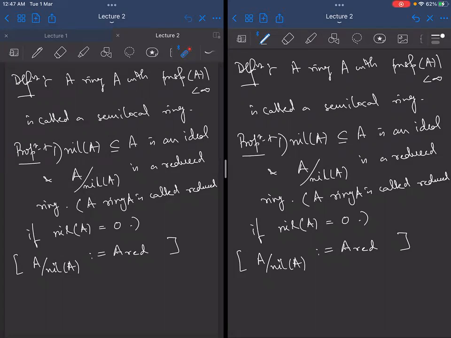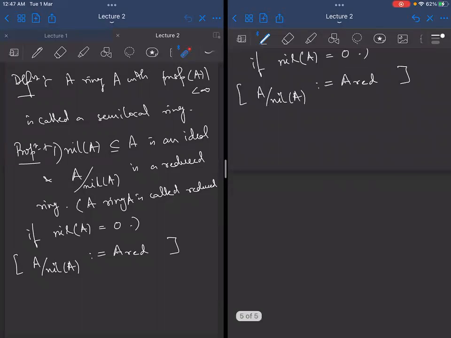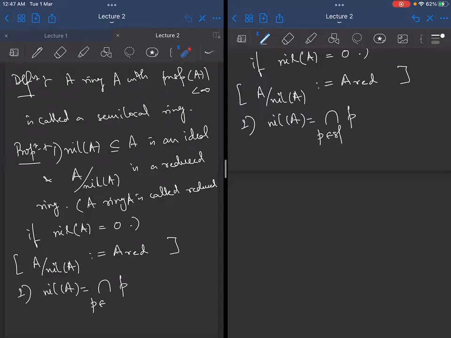Therefore x is in the nilradical of A, and therefore the class of x is 0 in A mod nil A. So it is a reduced ring. But a more important result is that the nilradical of A is actually the intersection of all the prime ideals of A. This is something which we are going to prove.